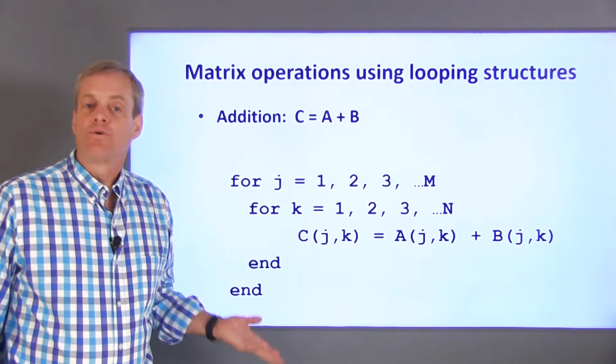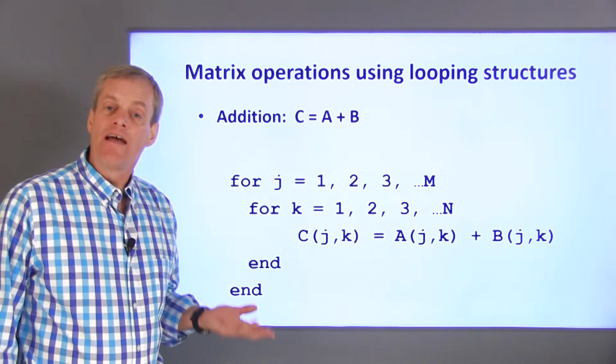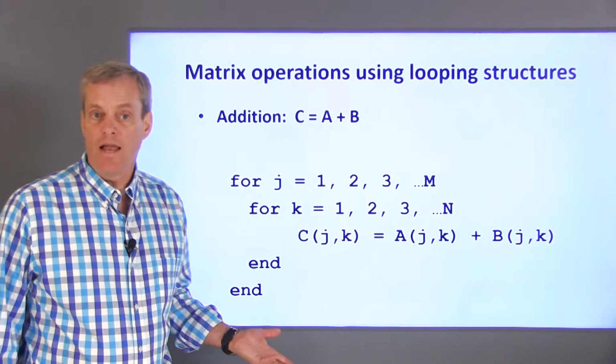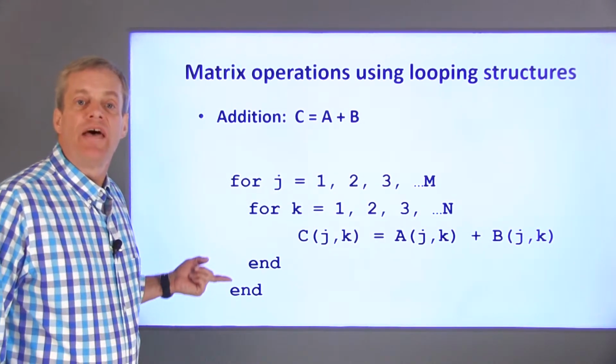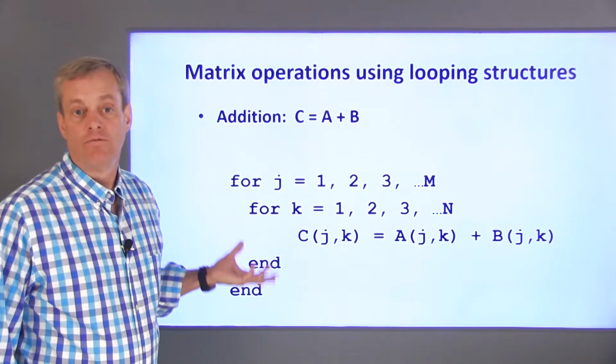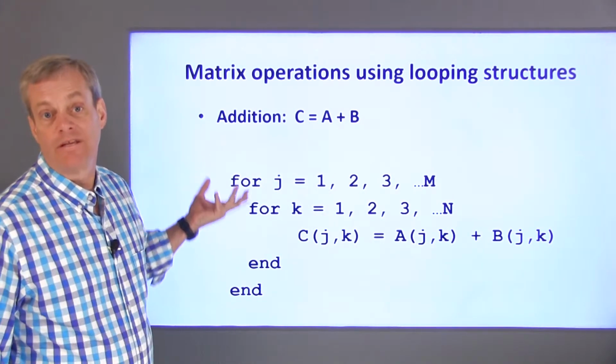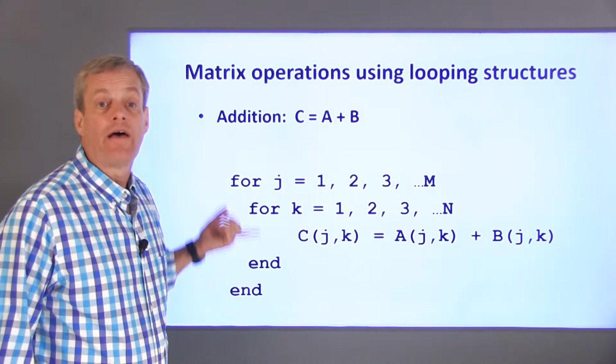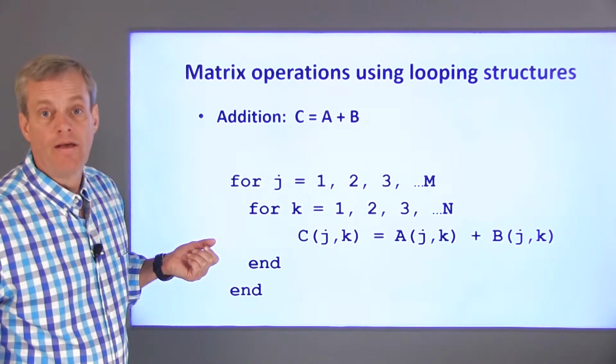Since we need to add the corresponding elements in these matrices for every possible combination of rows and columns, we can use two nested for loops. The order in which we loop through these elements is optional. We can make the outer loop select the columns and the inner loop select the rows without affecting the results.